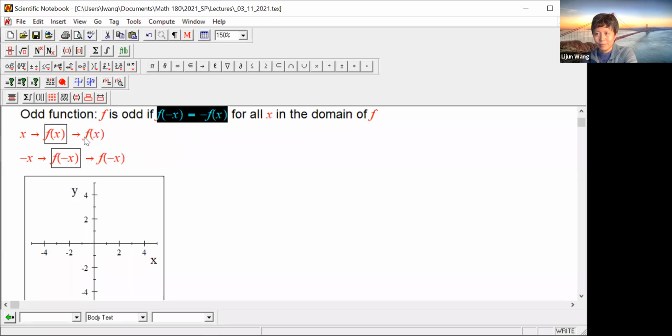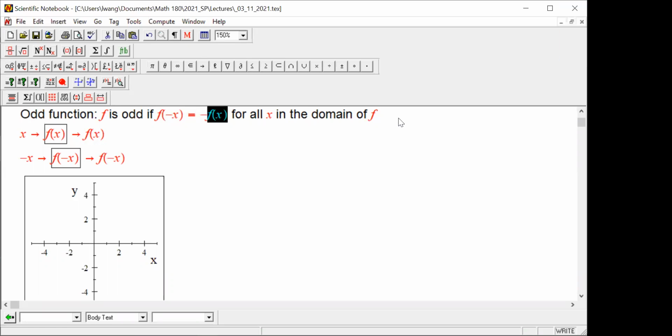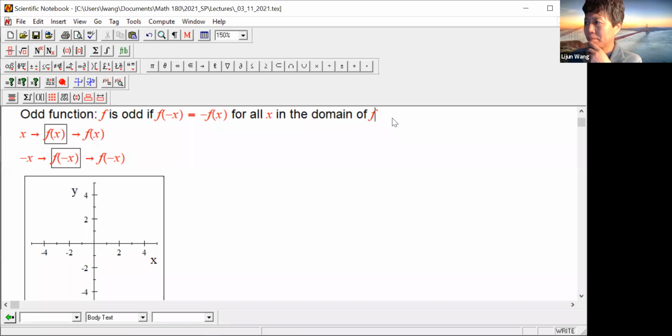Do you see that? This output and the other output are opposite as well. So whenever the inputs are opposite, the outputs are opposite as well. Do you agree with my summary? That's just another way to say the words.